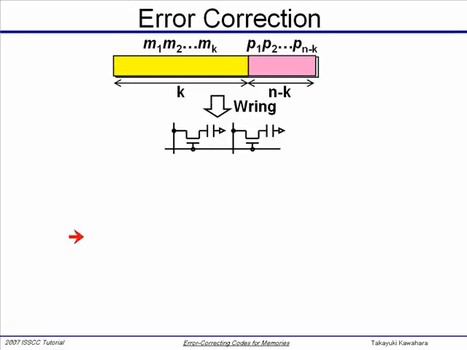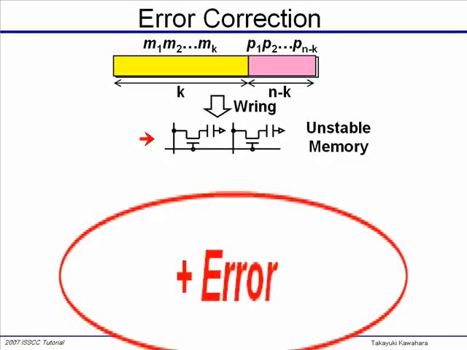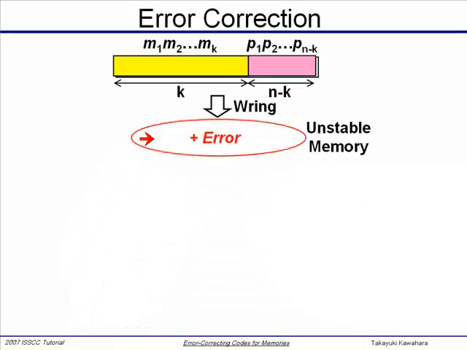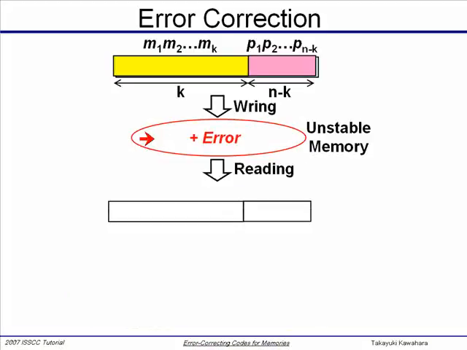But as time goes by, it becomes very unstable, and there's an error. So then we read it out from the memory cell. It is not the original; it is with the error. So we call the elements of the read word Rm1 to Rmk, Rp1 to Rp(n minus k).